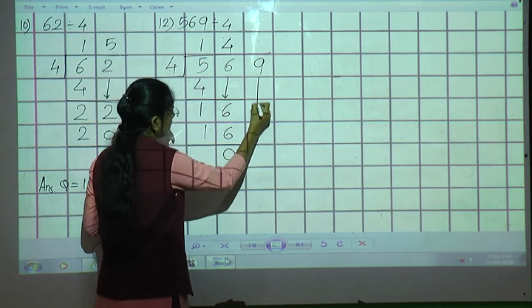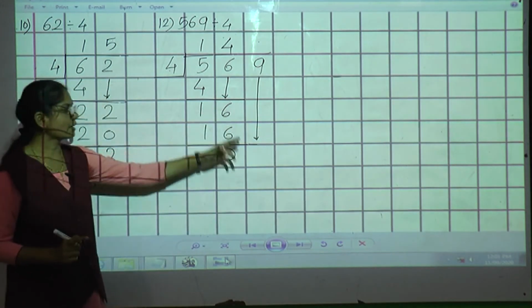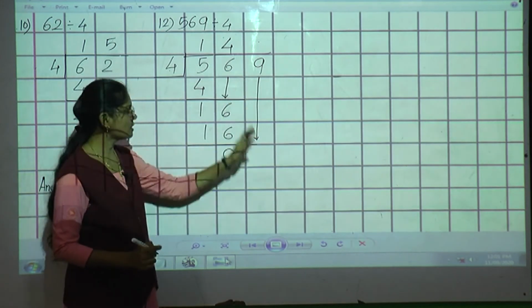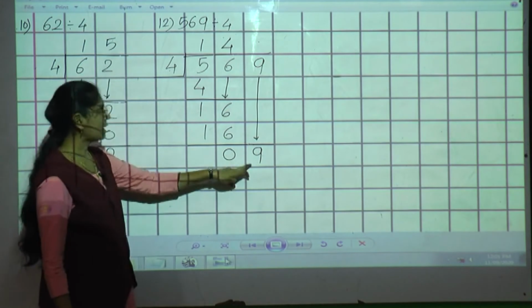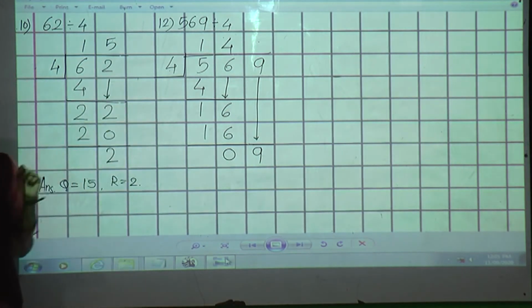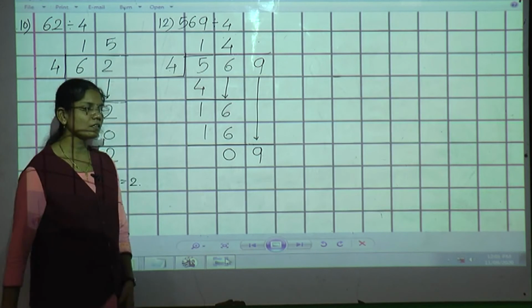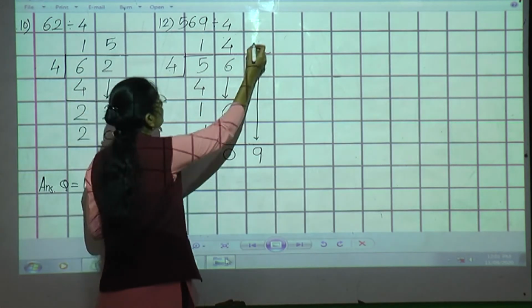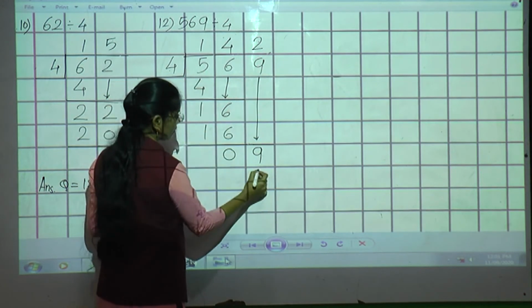In step 3, we have to take this 9, which is at the ones place. That number will come down. Now 9 by 4 you have to do. Again in the table of 4, 9 is not there, so we'll find the smaller number than 9. So 4 2s are 8.